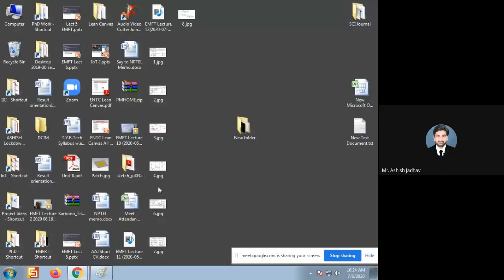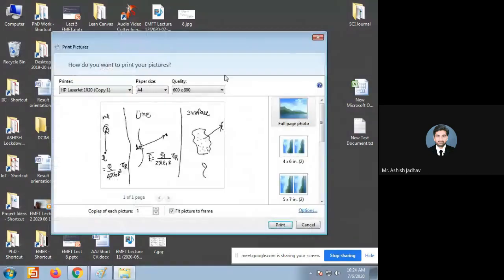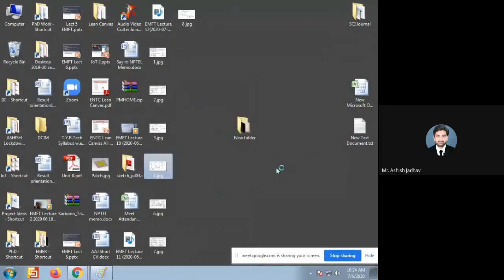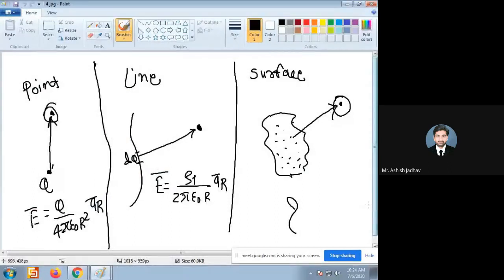Now, I just want to recall this. The question mark we can replace here. This is, let us say, electric field intensity because of point charge. So let me just revise the notation. This is electric field intensity due to point charge, so this is EP.